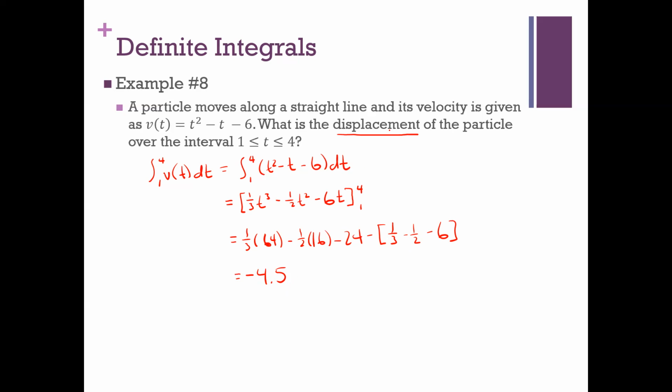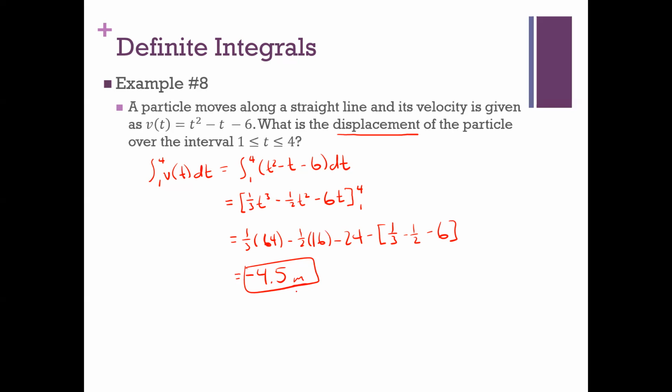No, let's say it's meters. So I got negative 4.5 meters. What does that mean in this context? Total displacement was negative 4.5 meters. Over that specific 3-second span, the displacement was negative.